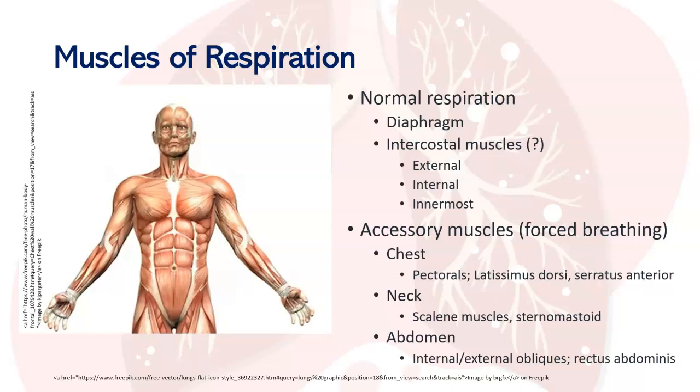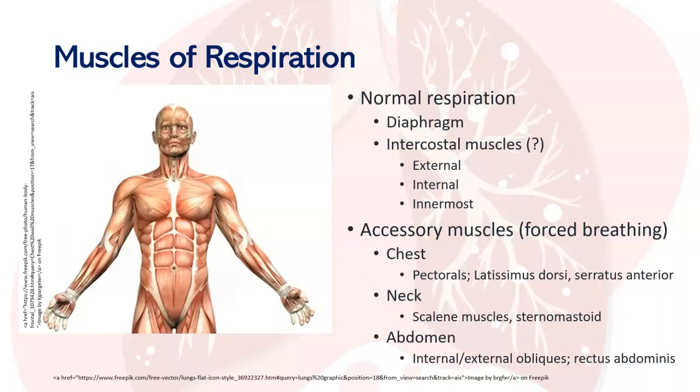Conversely, the abdominal muscles increase intra-abdominal pressure when they contract, forcing the diaphragm up. So these muscles are active in expiration. Just a quick note on muscular activity in inspiration and expiration. In normal respiration, inspiration is active due to the contraction of mostly the diaphragm, but some of the other muscles mentioned here, whereas expiration is passive.